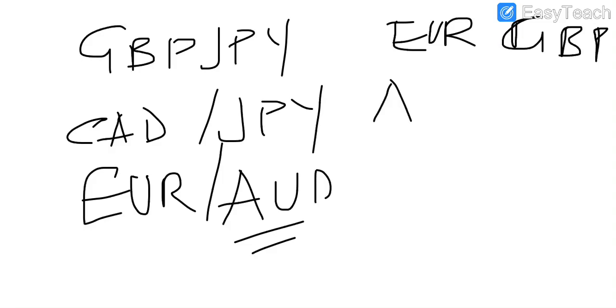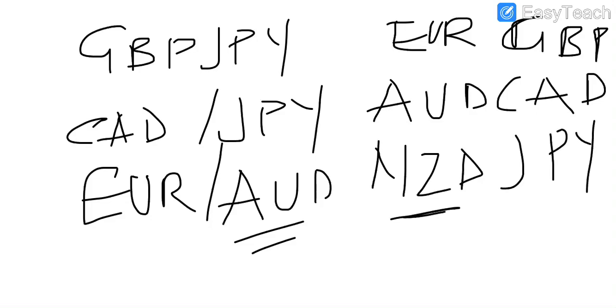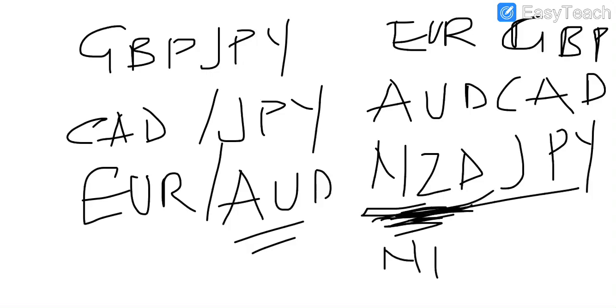And then we have the Australian dollar and the Canadian dollar. We have NZD. Sorry, I've forgotten the full meaning of NZD, but you can search for it. I don't normally trade it, but it's a very popular listing. We have NZD USD. So these are some of the major currency pairs.